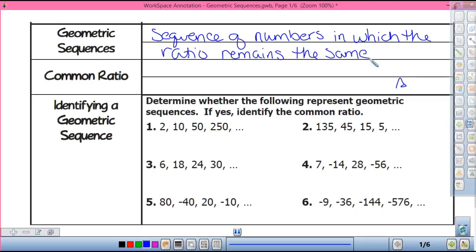We find our common ratio by dividing. What do we divide? We divide each term by the previous term.